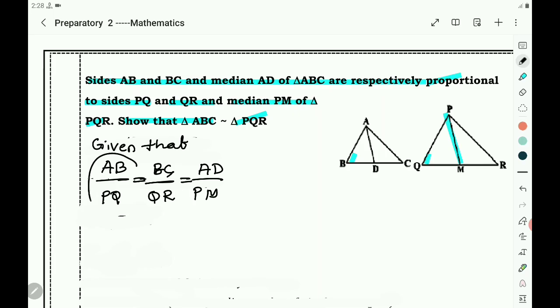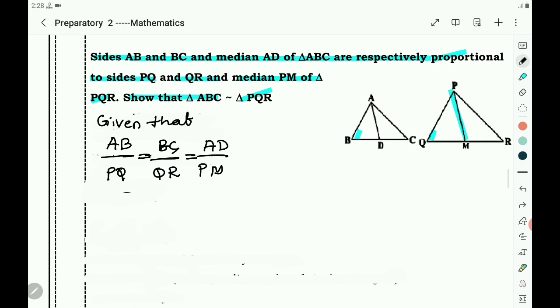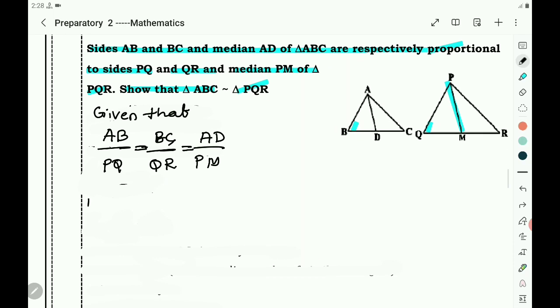Now AB by PQ you write as it is, that is AB by PQ equals, here you divide BC by 2 and QR by 2, that is BC by 2 by QR by 2. The ratio will not change if denominator and numerator are divided by the same number.